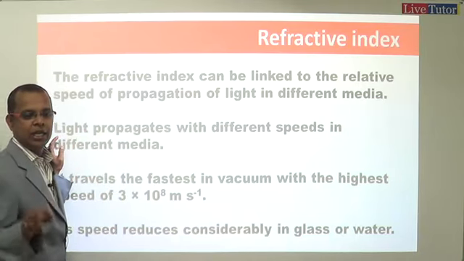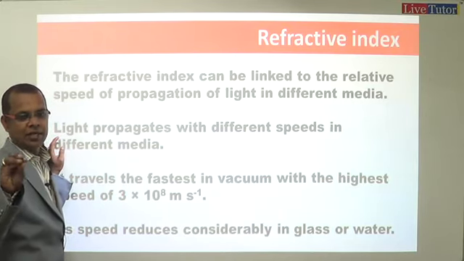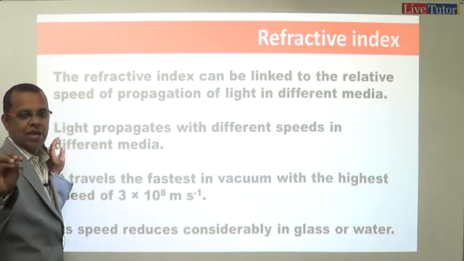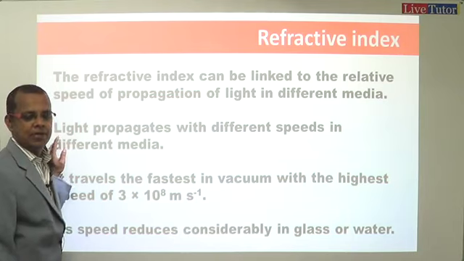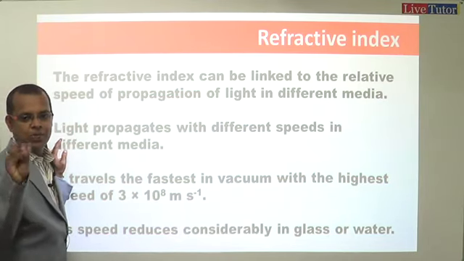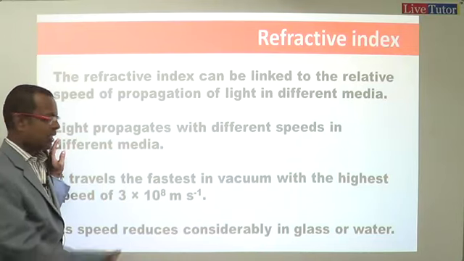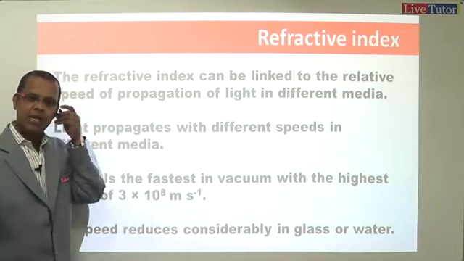Usually we know that the fastest medium is vacuum, or generally we say air, where light can travel at maximum speed. We know that 3 into 10 power 8 meter per second is the speed of light in vacuum. Or in terms of kilometer, can you tell me how much is the speed?